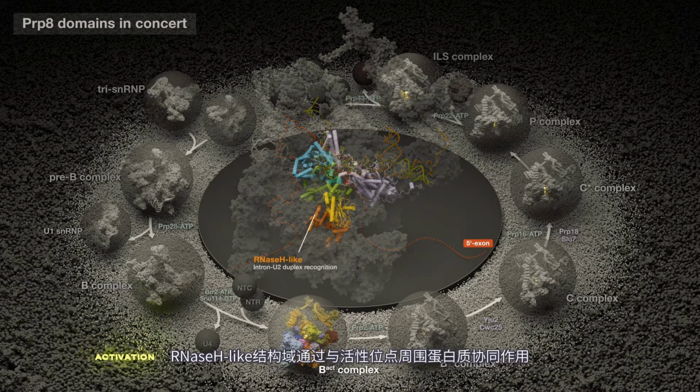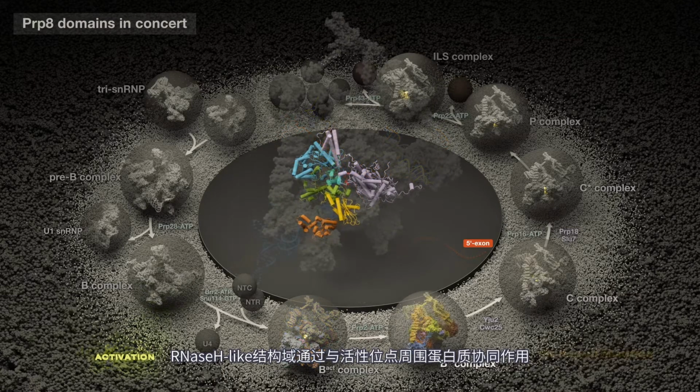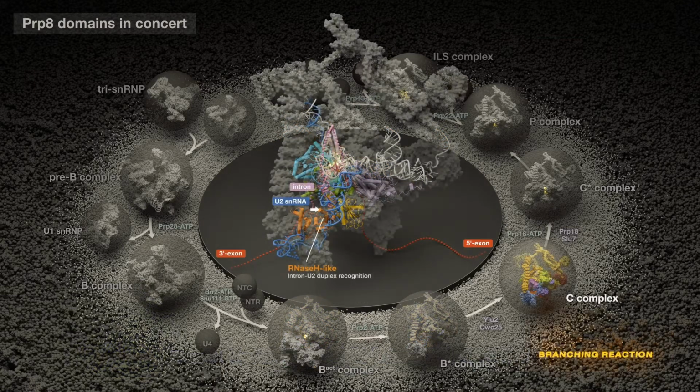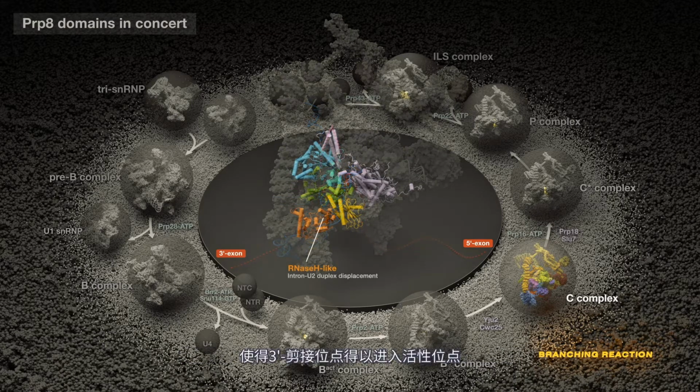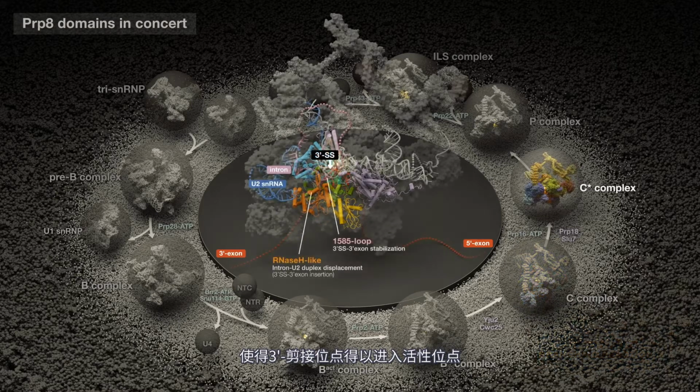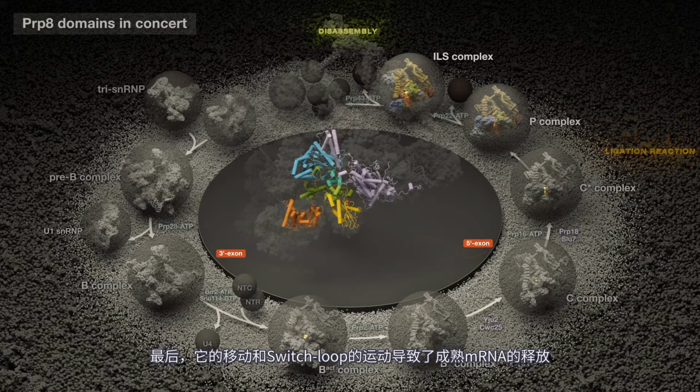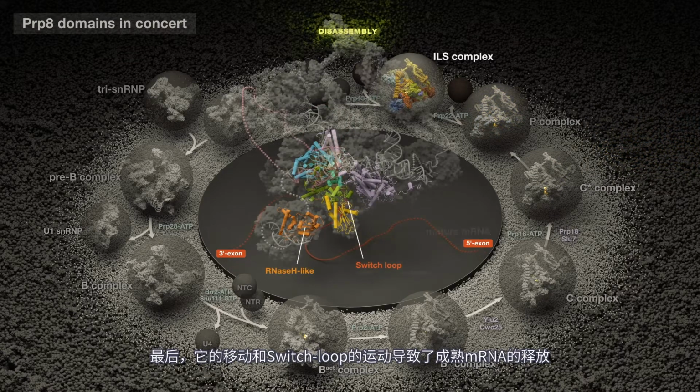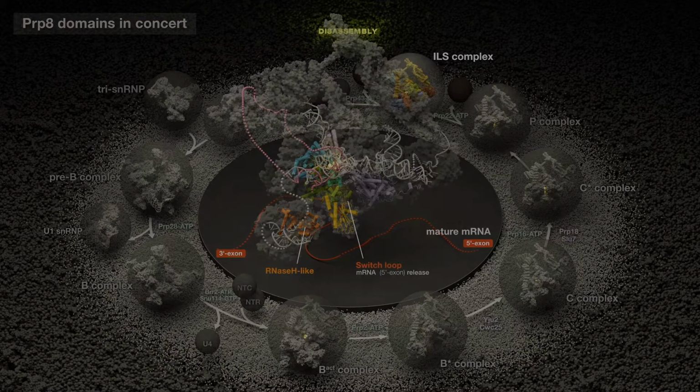The RNase H-like domain then moves to recognize the intron U2 duplex while coordinating with proteins at the active site. It then acts to displace the duplex, allowing insertion of the 3' splice site. Finally, its movement and that of the switch loop culminates in the release of the 5' exon and mRNA.